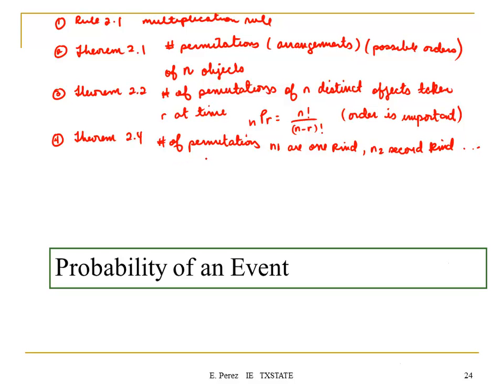So this is n factorial divided by n1 factorial, n2 factorial, n3, and so on up to nk.